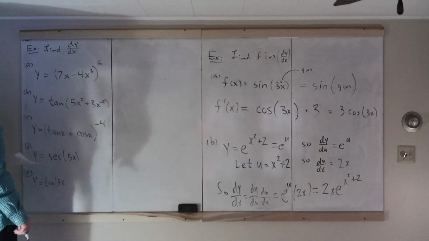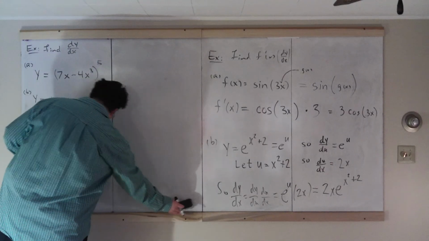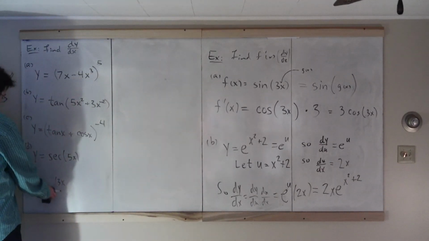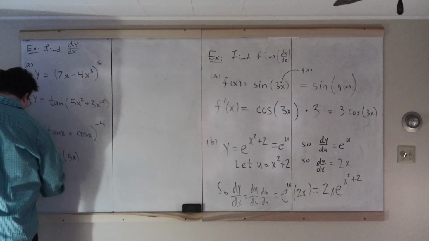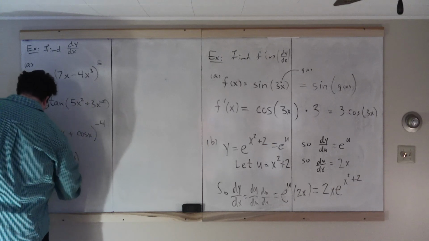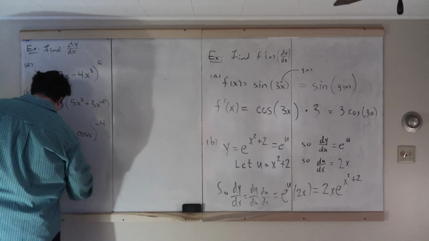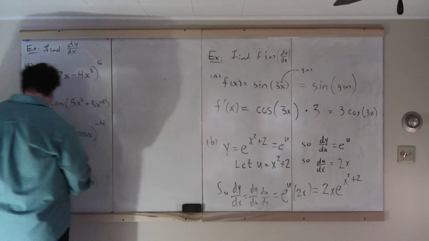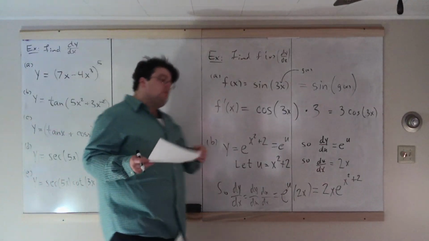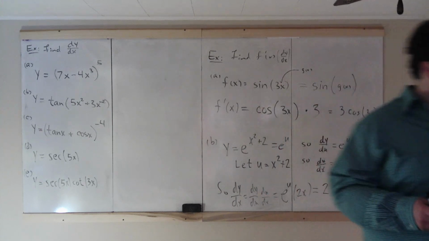Now, I've been using tangent a lot. Let's do something else. Let's do cotangent. So y equals, let's do secant of 5x cotangent of 3x. And then we'll do a few more after this. But for now, let's just do these.